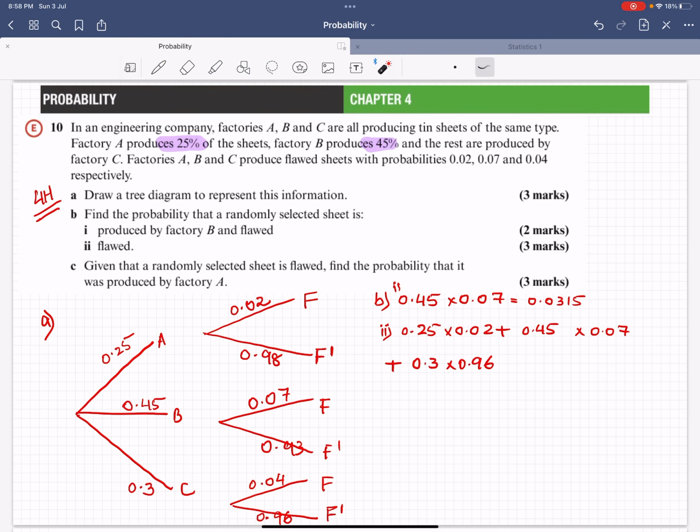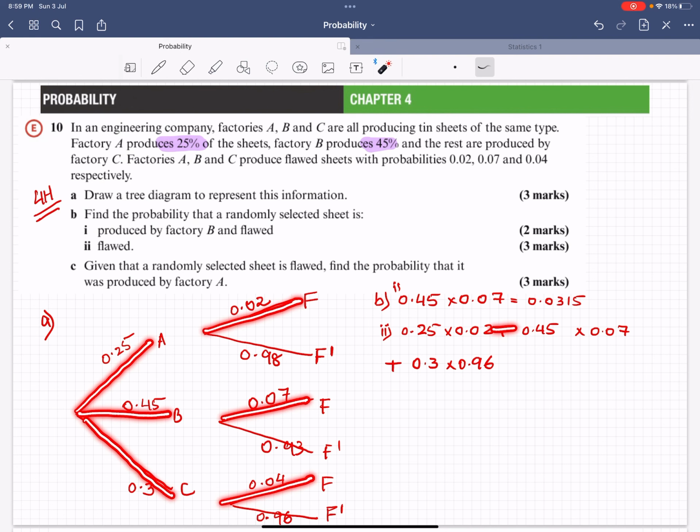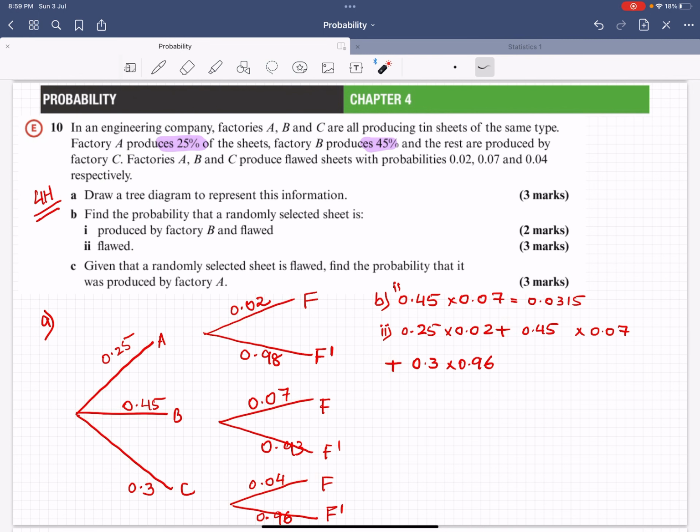When we go for the OR options, we have to always add up. So OR always adds up, and when we find the answer to this, we get 0.0485. So the answer is 0.0485. Moving on to part C.